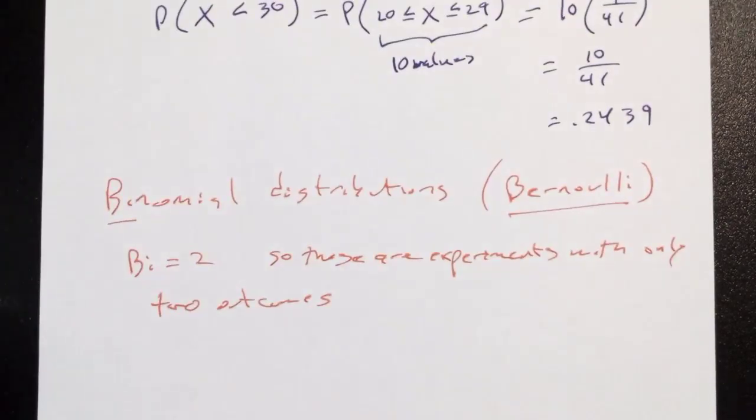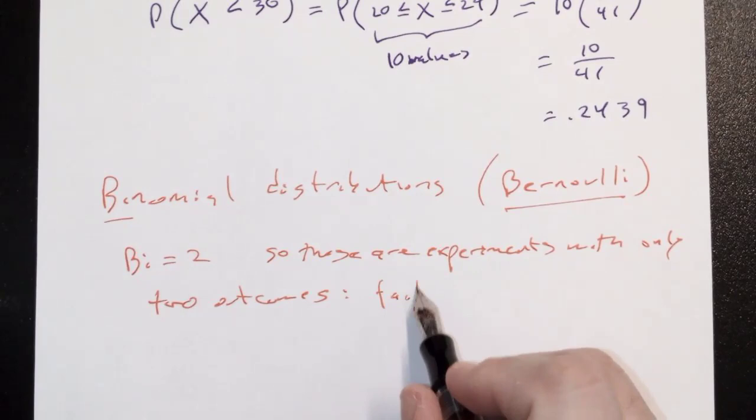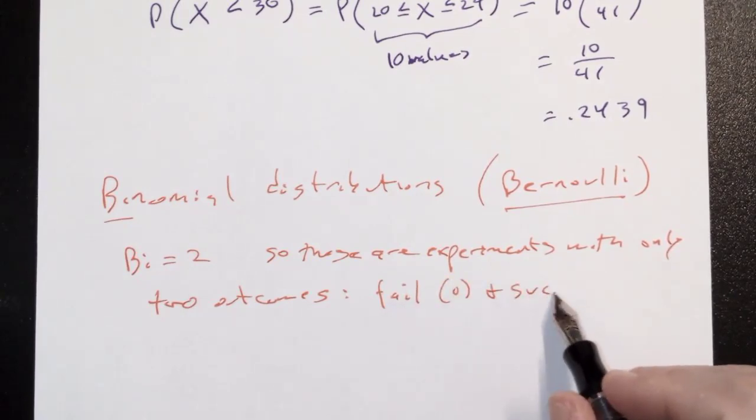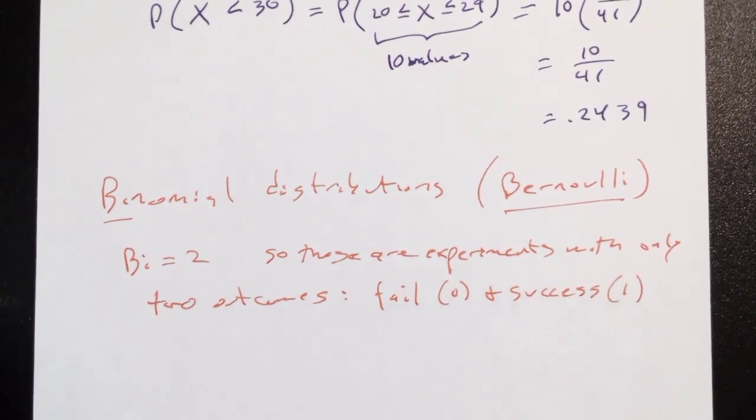And really, I'm going to call them win and lose, or fail and succeed. We almost always code these as 0 and 1. So failure is a 0 and success is a 1.